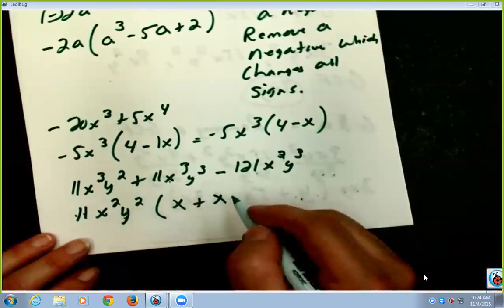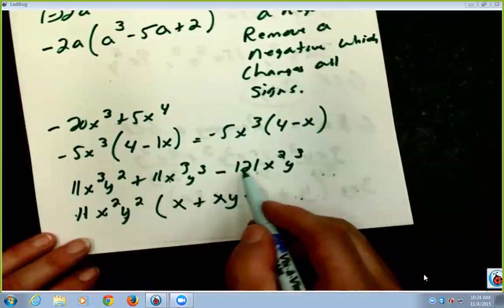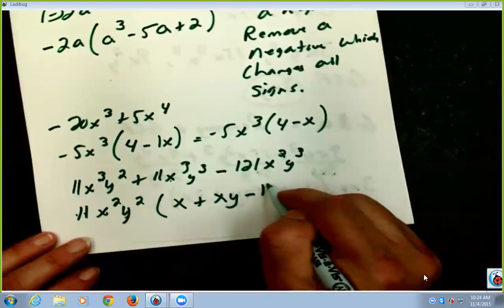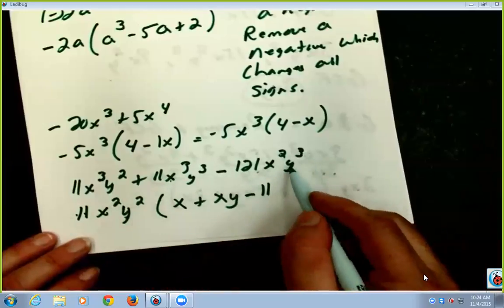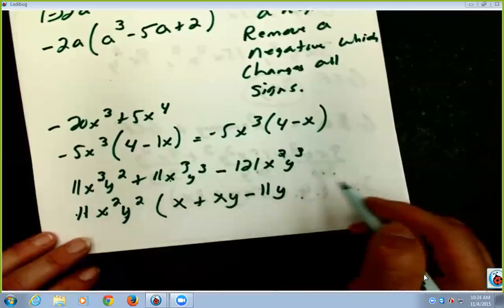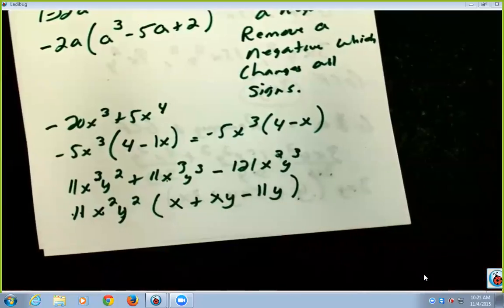Y cubed and a y squared also leaves a y. 121 divided by 11, 11. X squared, gone. Y cubed and a y squared is a y. And so that becomes my answer. We good? Okay. So that would be what I would have there for that one.